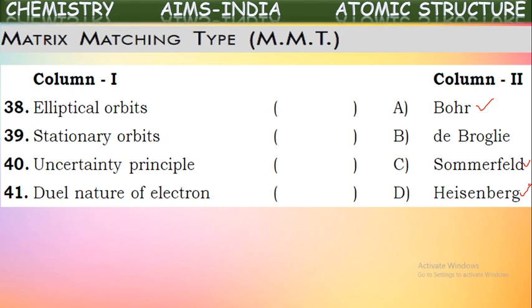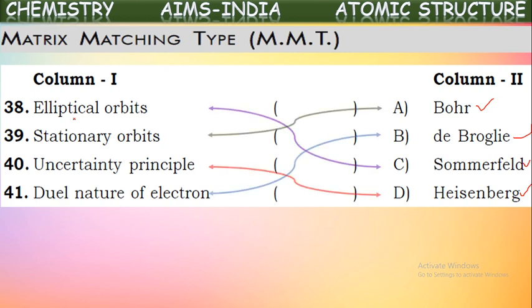Dual nature of electron was proposed by de Broglie. So elliptical orbits Sommerfeld, stationary orbits Niels Bohr, uncertainty principle Heisenberg, dual nature of electron de Broglie. Now what will be the correct matching? This is elliptical orbits Sommerfeld, stationary orbits Bohr, uncertainty principle Heisenberg, dual nature de Broglie. This is the correct matching. Observe once.